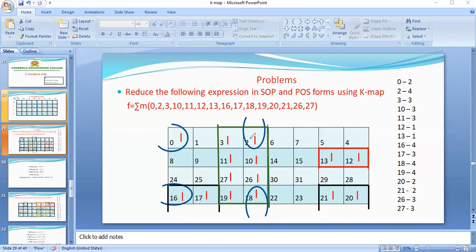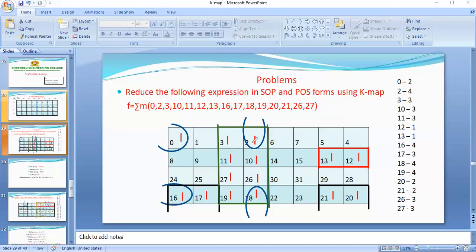For this cell 2, 3 is adjacent, 10 is adjacent, 18 is adjacent, and 0 is adjacent. Here there is no minterm, so 6 is not adjacent, because there is no minterm representation here. So the total number of adjacencies for cell 2 is 4.